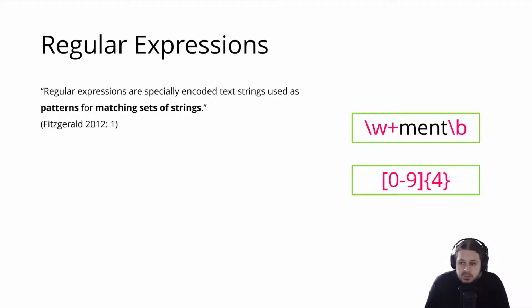So here to the right, we see two examples. \w+ment\b, that's one pattern, and that pattern looks for words or tokens that end with the suffix -ment. And then we also have this [0-9]{4}, and that looks for numbers with 4 digits. And we'll have a look at that in a second.